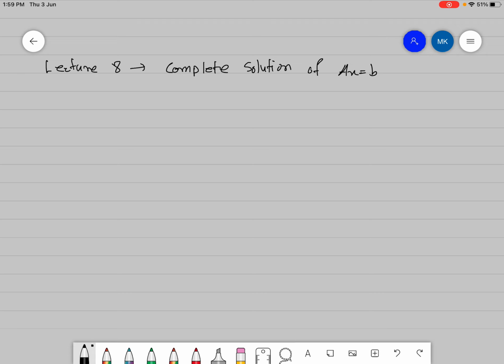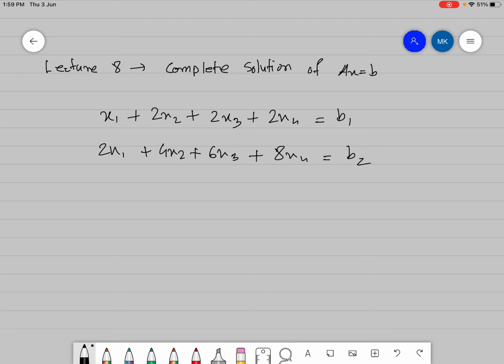Let's say you have this system: x1 plus 2x2 plus 2x3 plus 2x4 equals b1, and 2x1 plus 4x2 plus 6x3 plus 8x4 equals b2, and the last equation is this one.